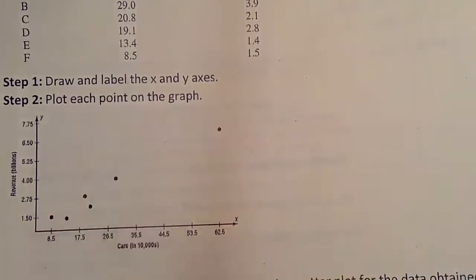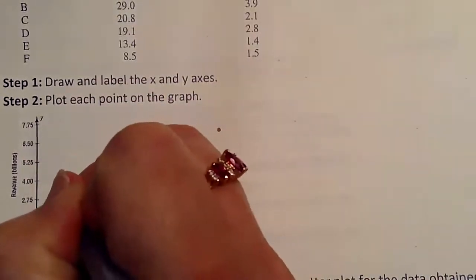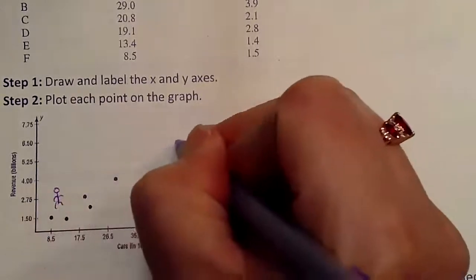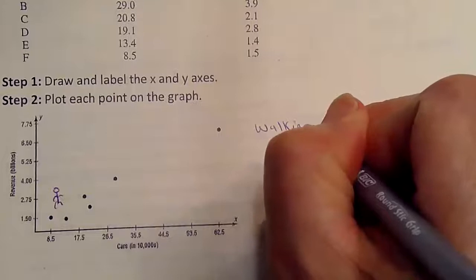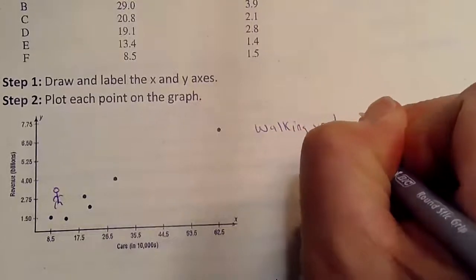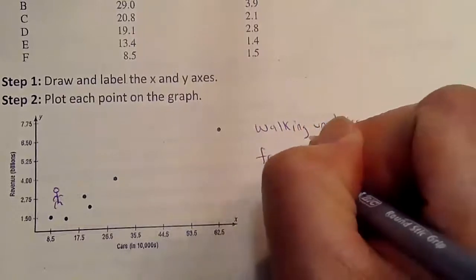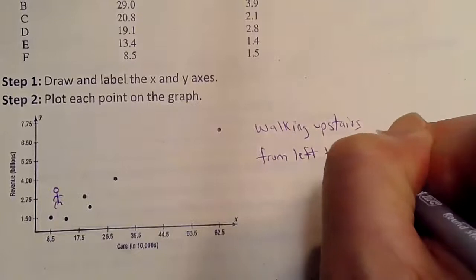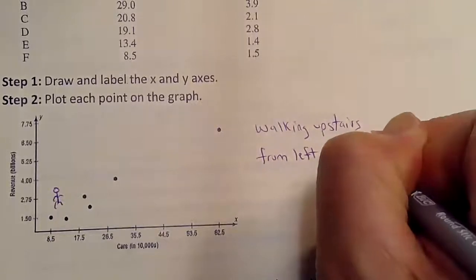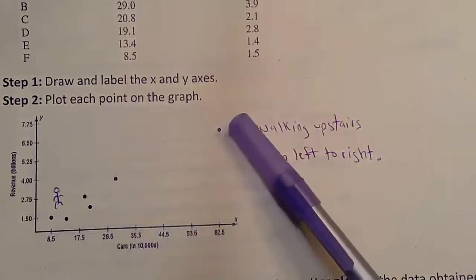It looks like you're walking upstairs, from left to right. So it does look like it has a positive linear relationship.